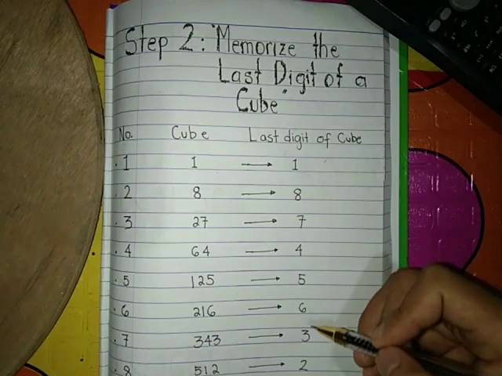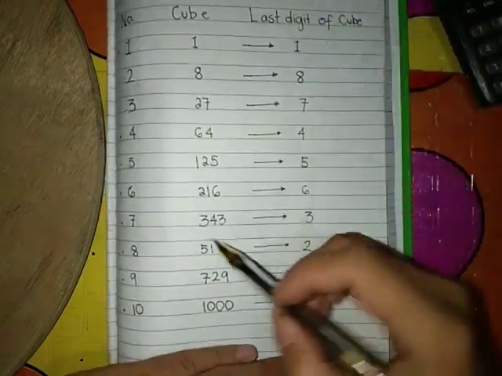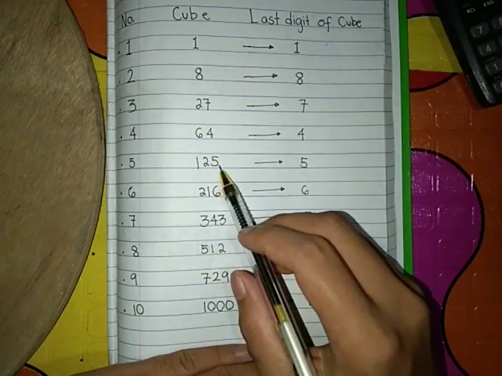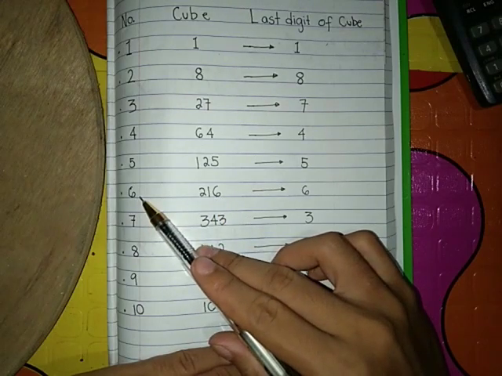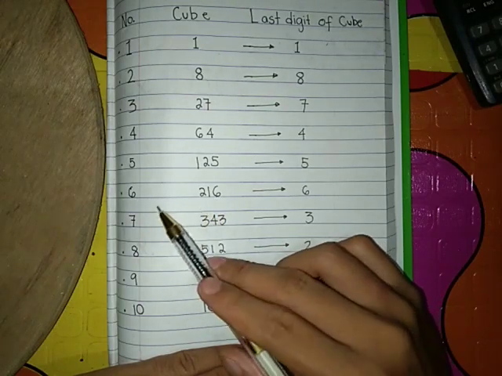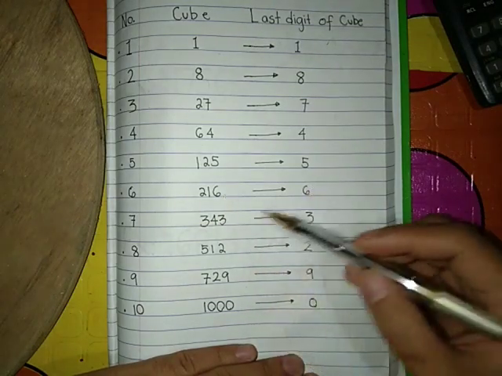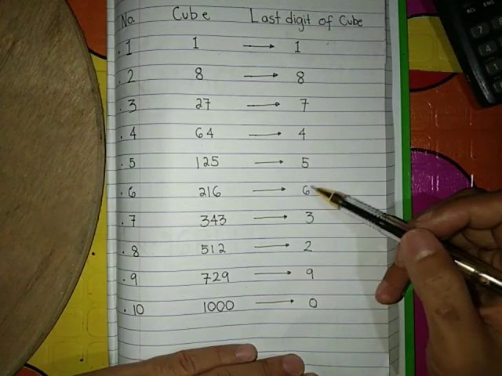So on and so forth. Also, check 125, the last digit is 5. The cube of 6 is 216, therefore the last digit is 6. As you can see, it's the last digit here.